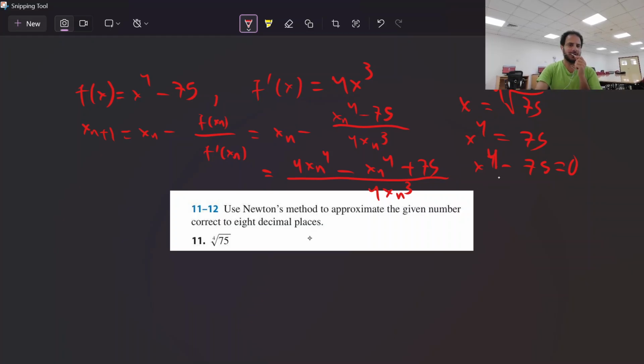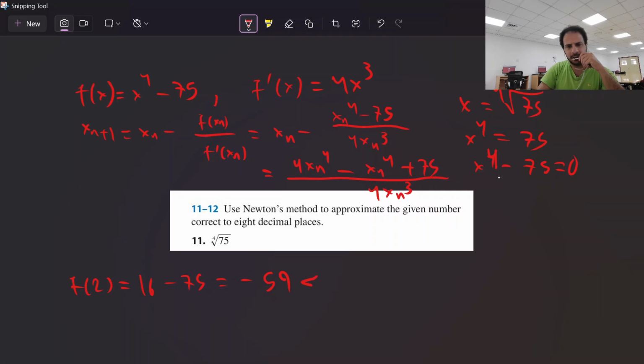Now let's find the value of x1. So here, what's the value of f of 2? F of 2 equals 16, 2 power 4 is 16, minus 75, you get minus 59, right?